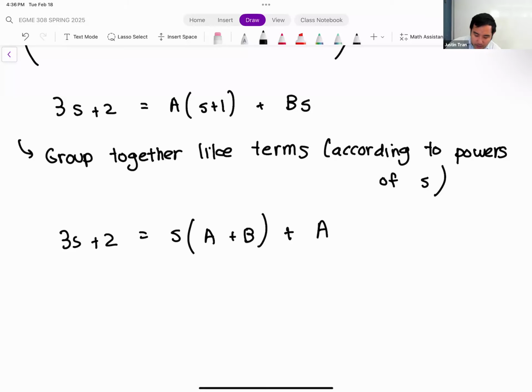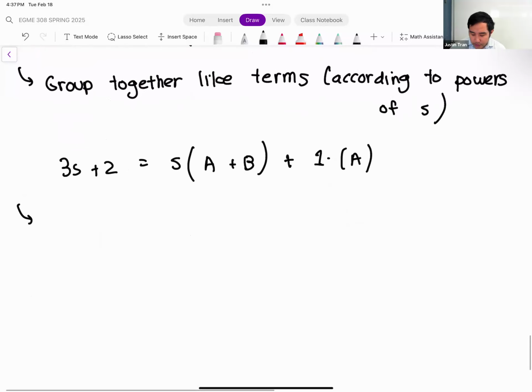So if you want to be technical, it's 1 times a. Okay. Just to keep the formatting consistent. All right. So now that we've done that, let's go ahead and set up a system of equations to solve for a and b.